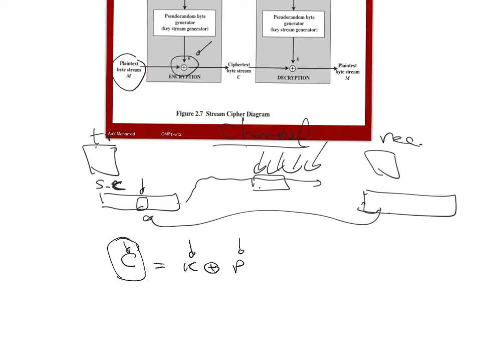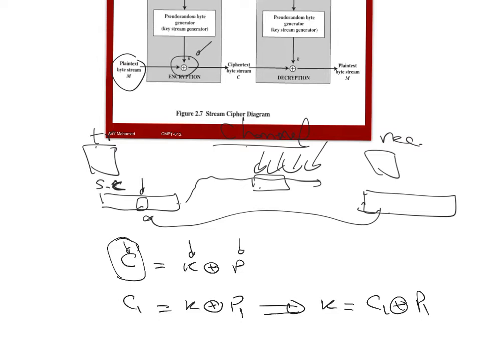However, if you happen to have C1 equals K XORed with P1, if you happen to have a known plain text, only one known text, then it becomes a trivial problem, because the key is in fact C1 XORed with P1.